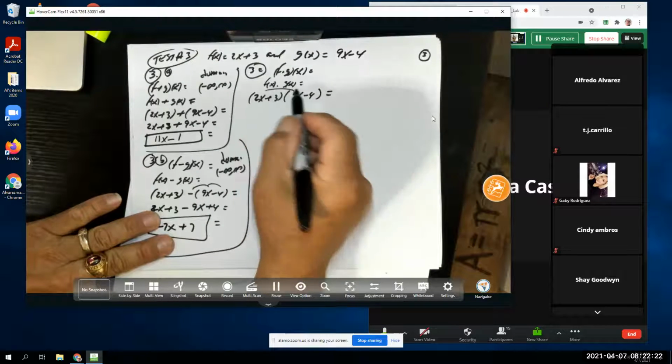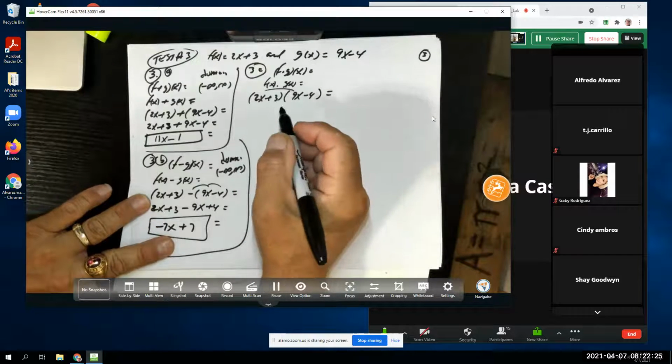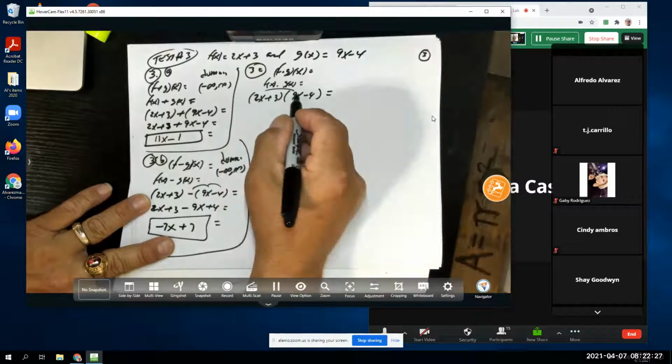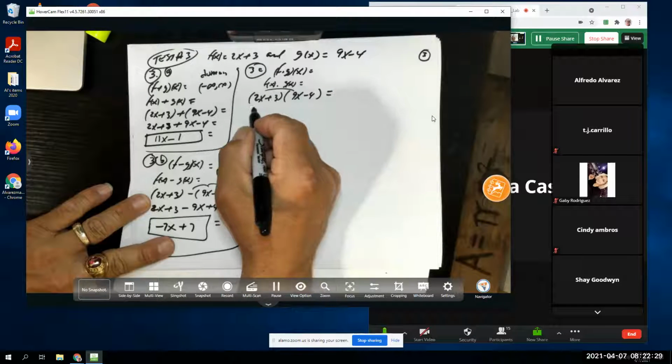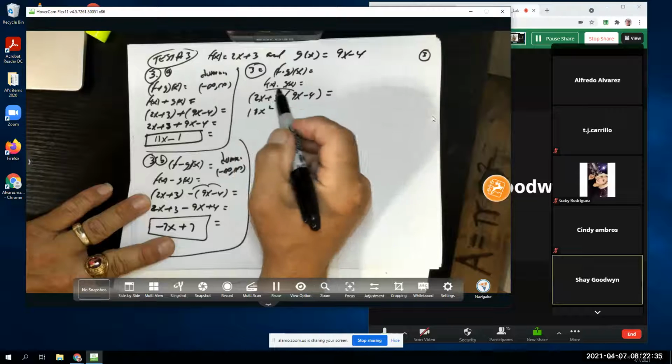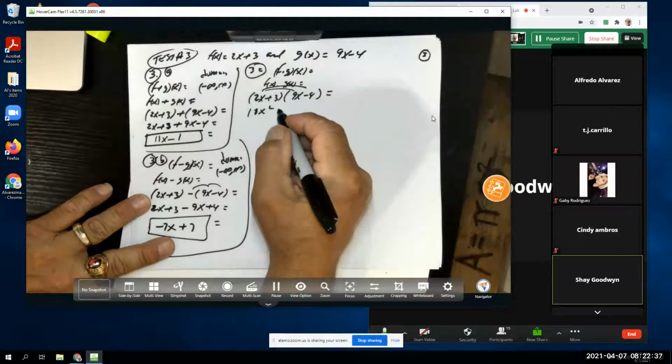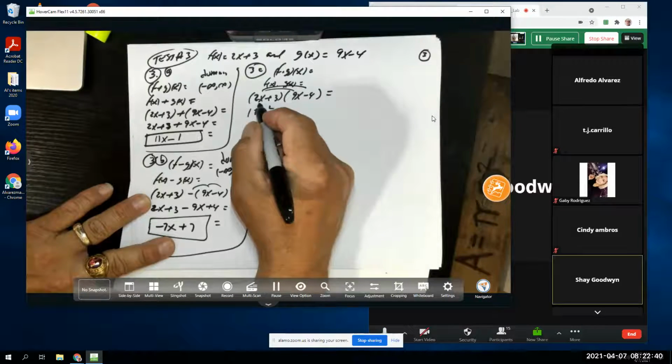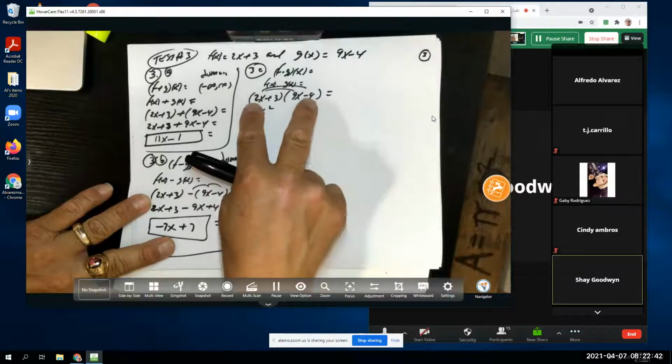2x times 9x, what is that going to be? What's 2x and 9x? Times it. 18. Yep, 18x squared. And what's 2x times negative 4? What's 2 times negative 4? You calculate, of course.